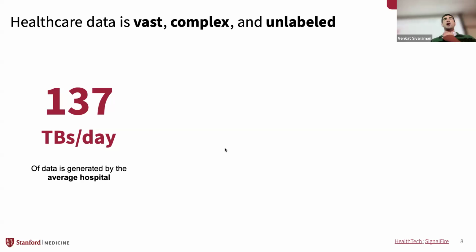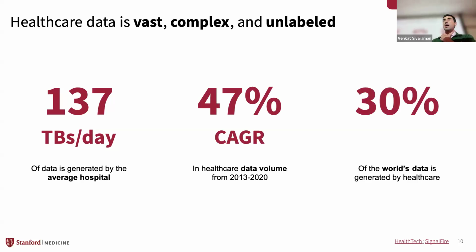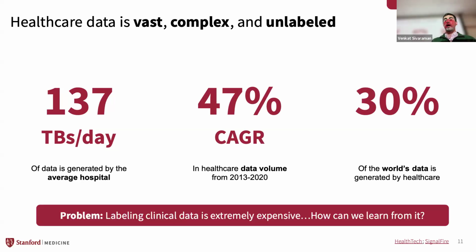I think the stat is the average hospital generates about 130 terabytes of data per day. This grows at a rate of roughly 50% a year, and roughly a third of the world's data is healthcare data. And labeling all this data is very hard, right? Even doctors don't know how to make sense of a lot of the data that they see. Otherwise, they'd diagnose everything perfectly. And so a key motivating question is, how do we learn from this huge amount of unlabeled data?